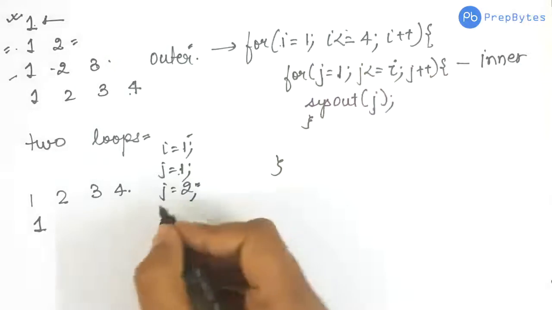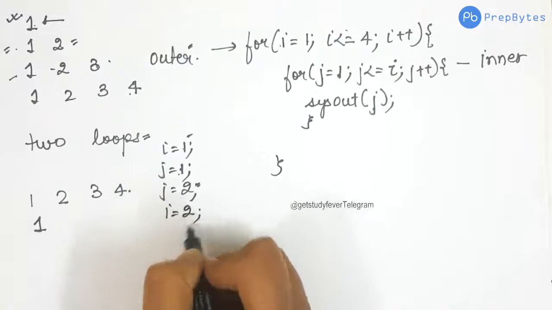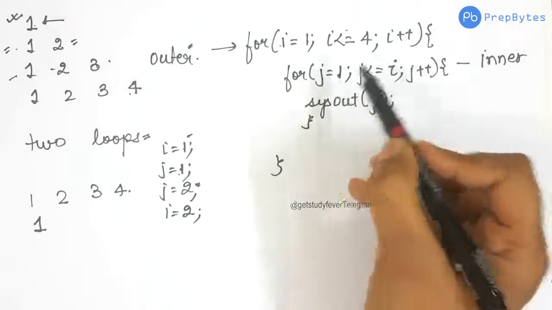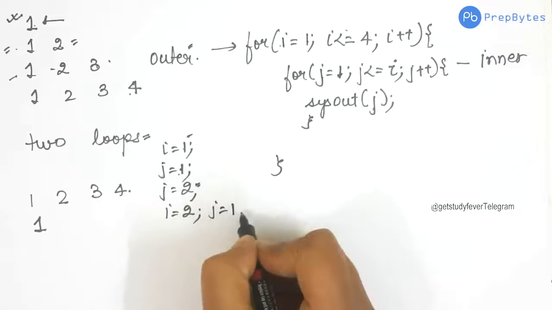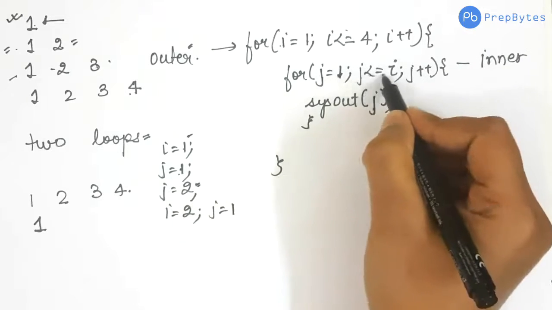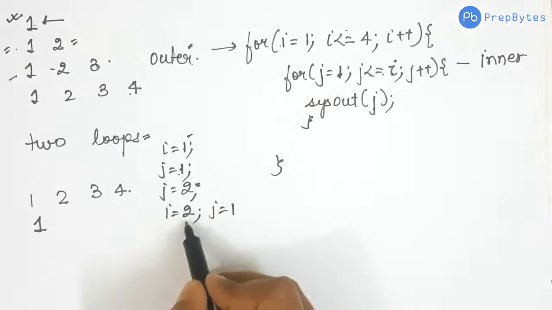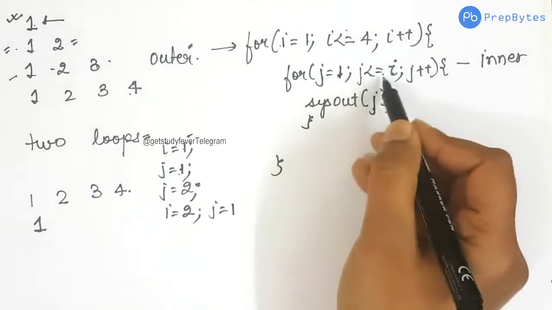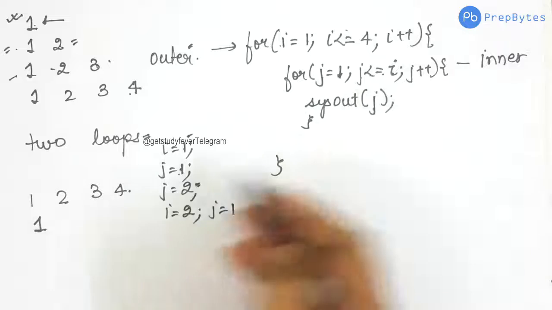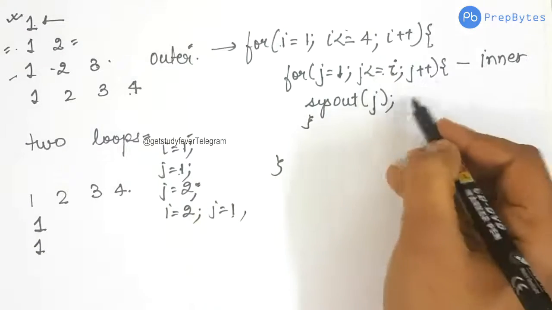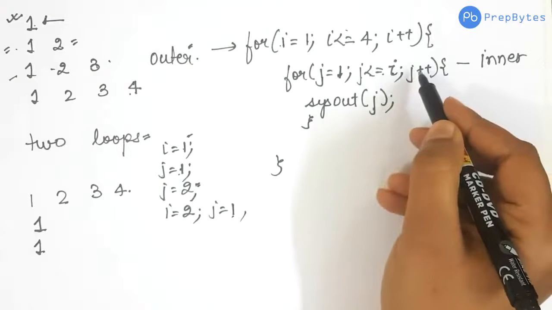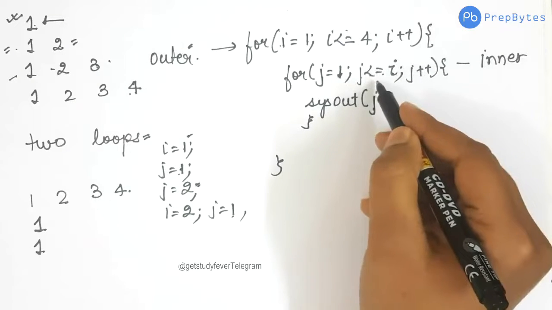Now my i is equal to 2. Let's see how things go. We have j equal to 1. Is j less than or equal to i? Yes, my i is 2 and j is 1. Now 1 gets printed. Now my j gets incremented, and again this condition is checked.